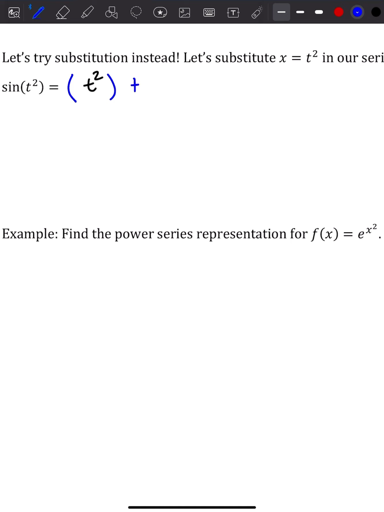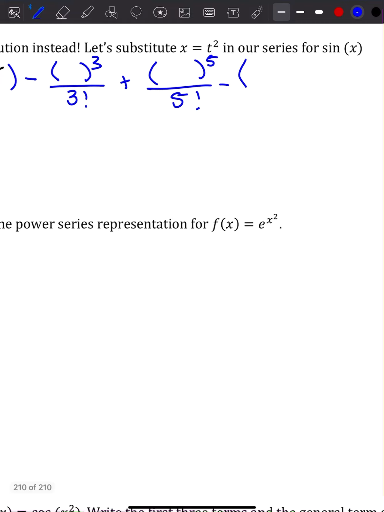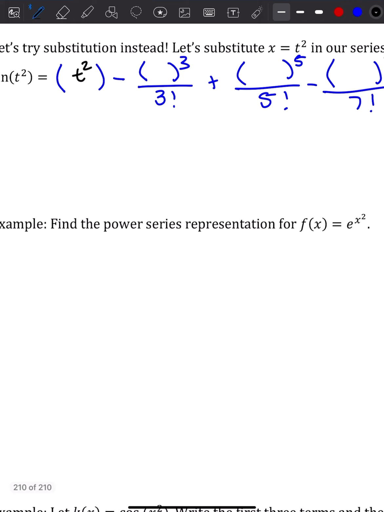Minus, because it's an alternating series, we have our odd terms: x cubed over 3 factorial. Then x to the 5th over 5 factorial, minus x to the 7th over 7 factorial, and then we keep going on with that. I'm going to plug in t squared for all of these.